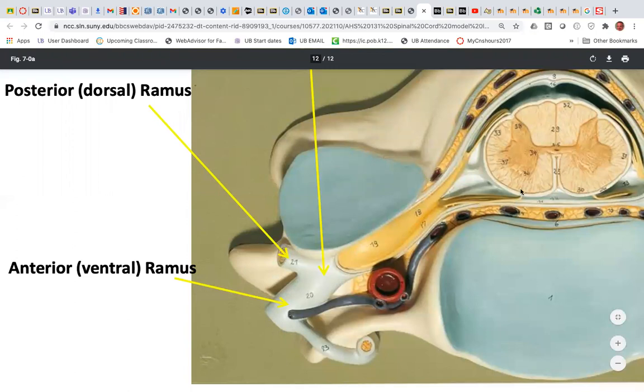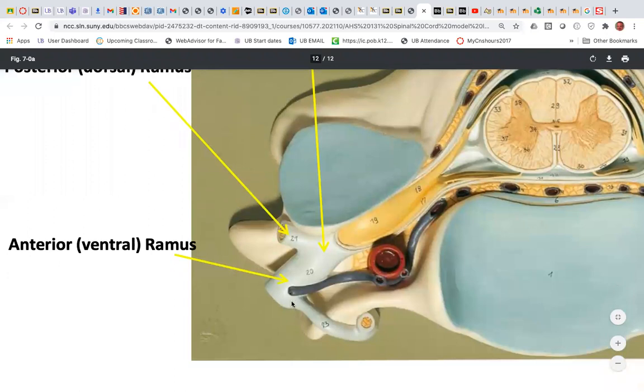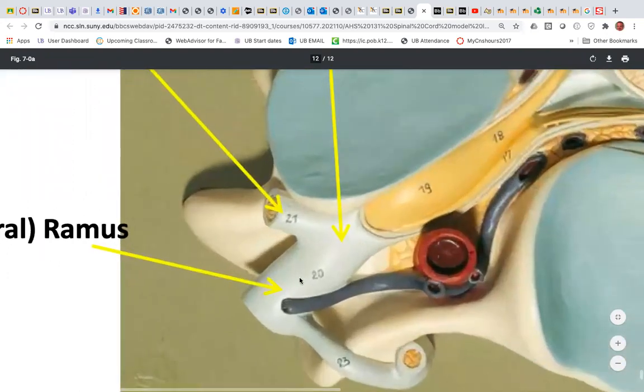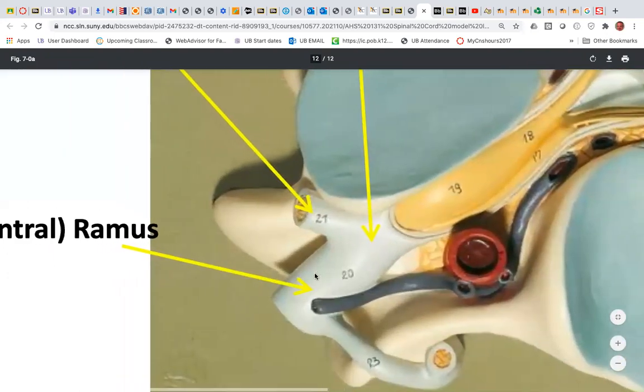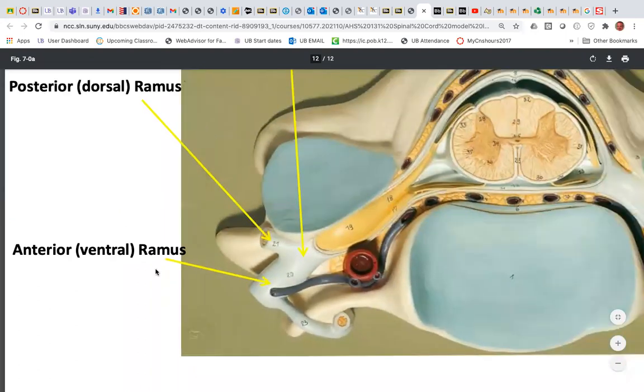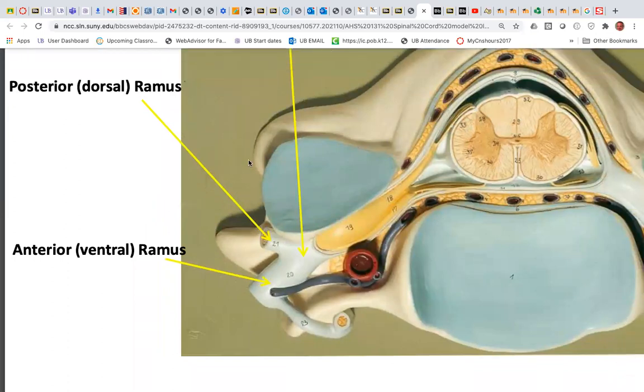Everything on this side is ventral: ventral horn, ventral rootlets, ventral root, and now the larger of the two is called the ventral ramus. If you look at the difference in size, the ventral ramus is much larger in diameter than the dorsal ramus. The dorsal ramus goes around and it's going to go to the muscles of the back and the skin.